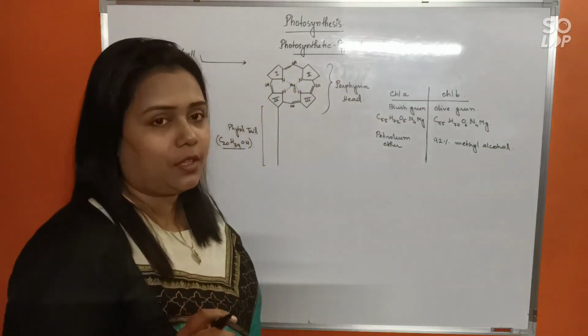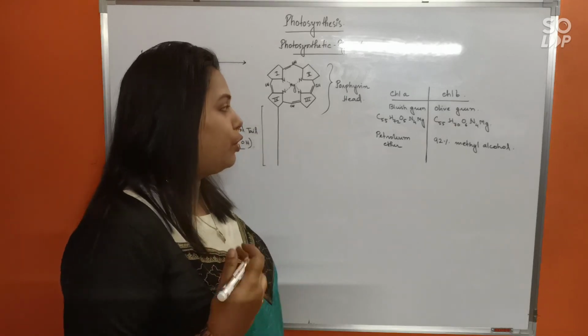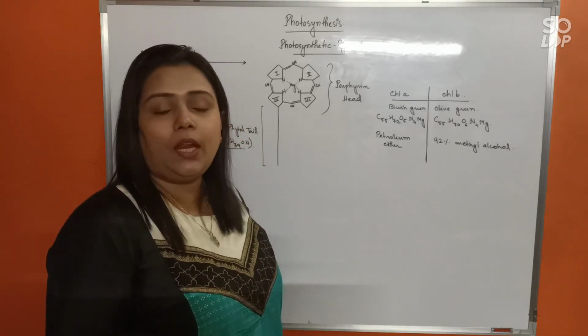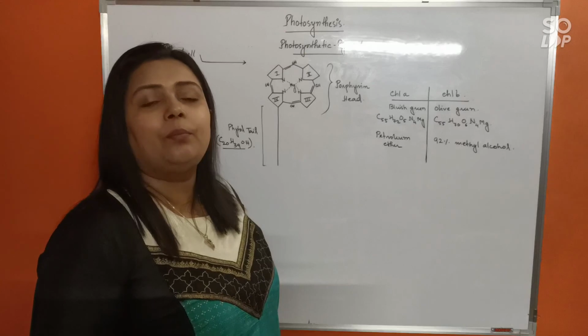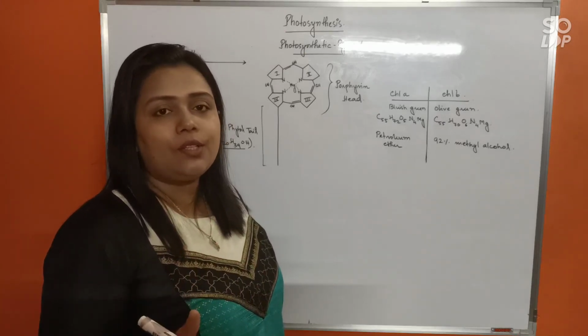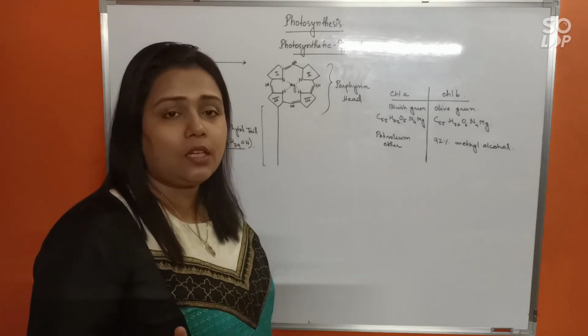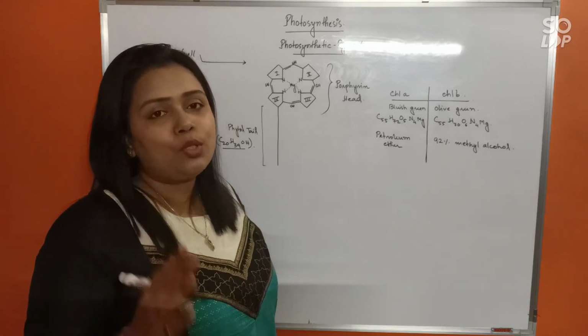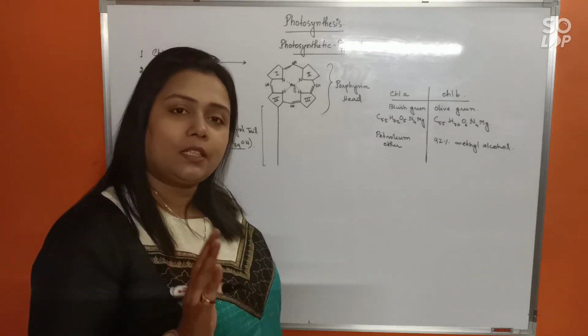The most important thing that will be required later on for you to understand the light reaction as well: you know very well now that photosynthesis occurs in blue light and red light, isn't it? Chlorophyll A will mostly absorb red light rather than blue light.